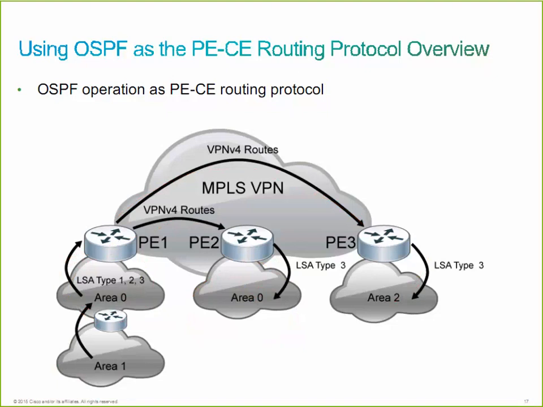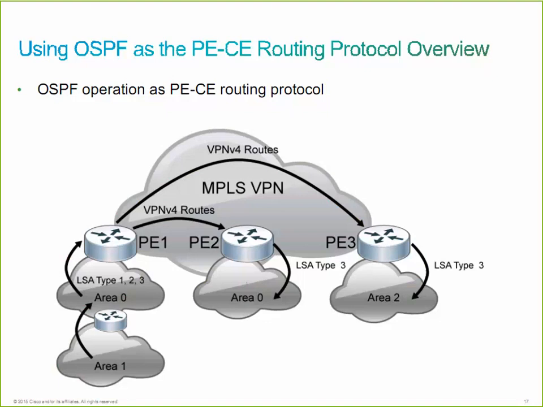Because those internal routes are advertised as summary routes, when they're redistributed back from BGP into OSPF, this is going to prevent all redistributed routes from becoming OSPF external routes. They're going to become inter-area routes, the type 3 routes. That's actually different than normal behavior, if you think about it, because the PE routers are performing redistribution.